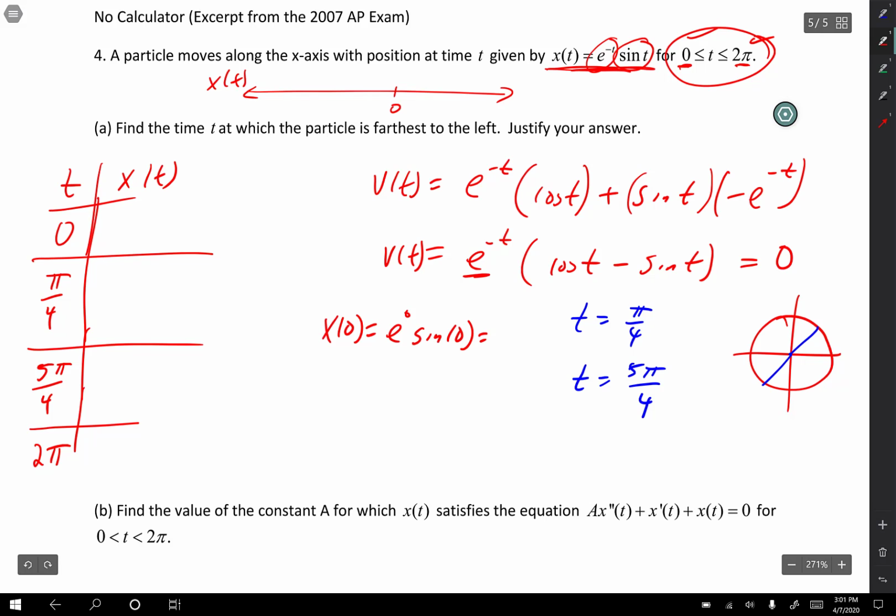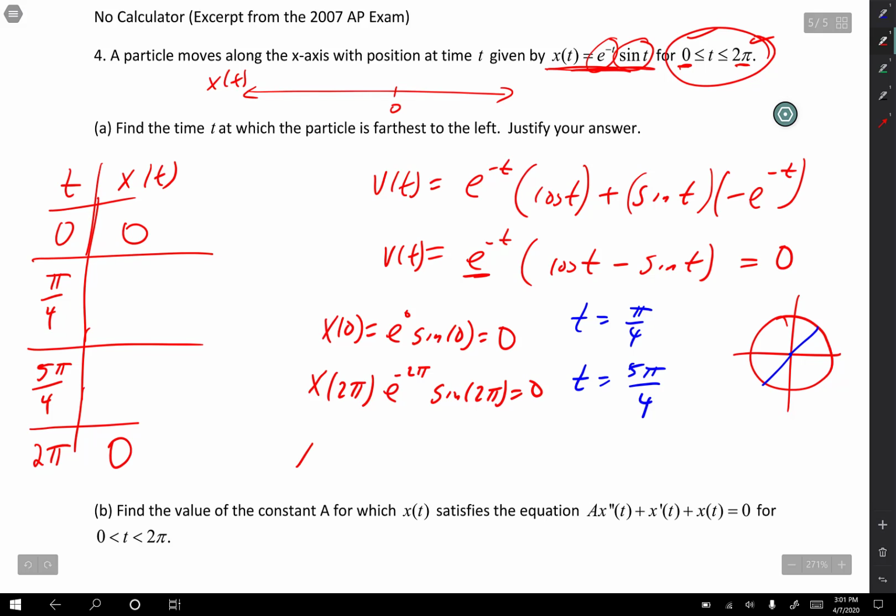E to the 0 is 1, but sine of 0 is 0, so you get 0. All right, let's do the 2 pi next, guys, because those are pretty easy to do. E to the negative 2 pi, who knows what that is? That is some number. We don't care about that number. Sine of 2 pi is 0 again, so 0.